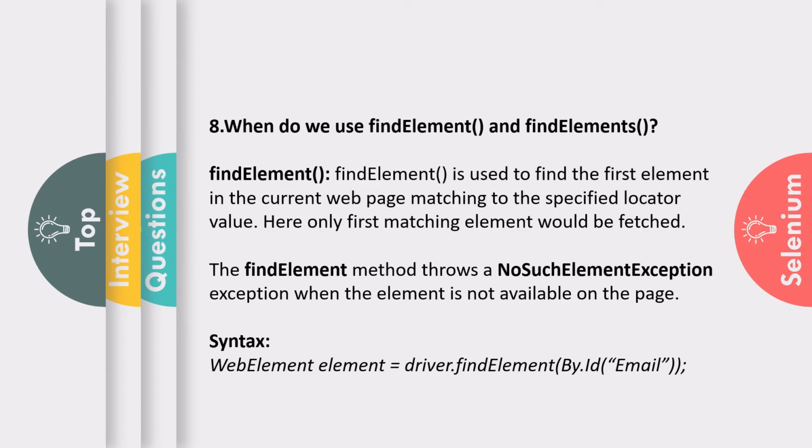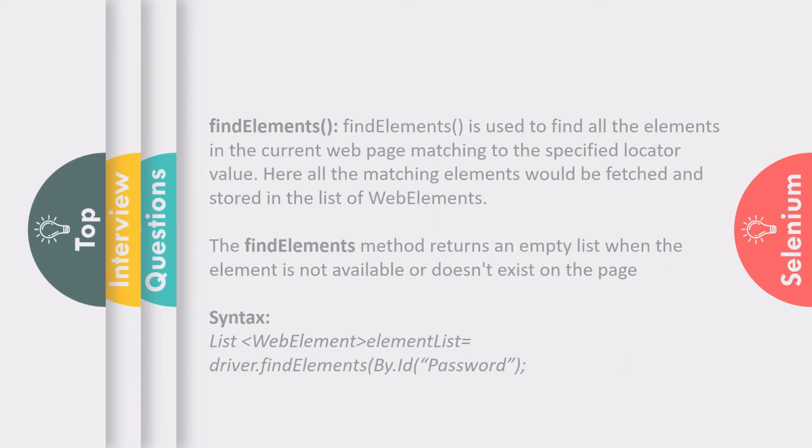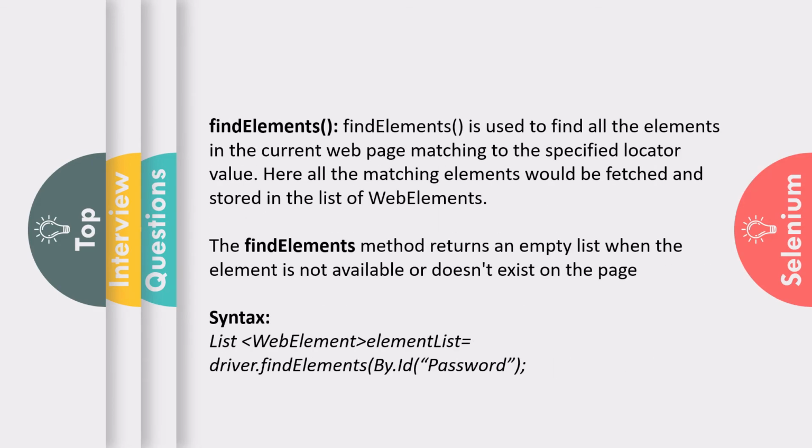When do we use findElement and findElements? FindElement is used to find the first element in the current web page matching the specified locator. Here, the first matching element would be fetched. The findElement method throws a NoSuchElementException when the element is not available on the web page. The next is findElements.